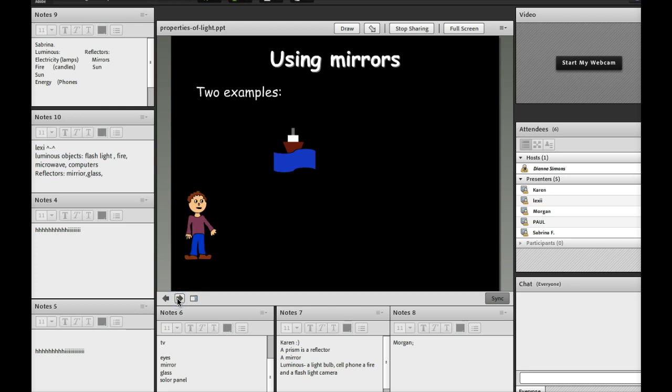Okay, this is just a little bonus because it was such a short lesson. You guys know about telescopes, right? Or periscopes, like things they use in submarines. Well, this is how they work. They have two mirrors in there, and light gets reflected as it comes in.